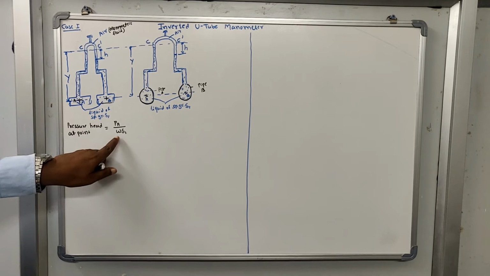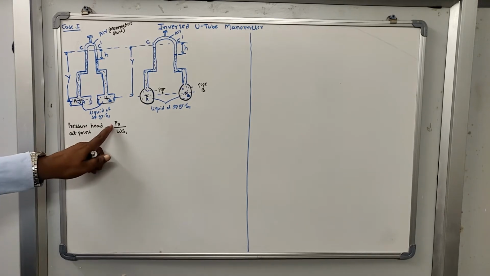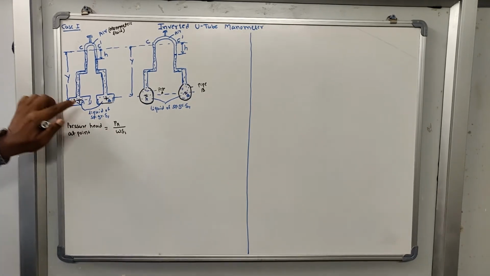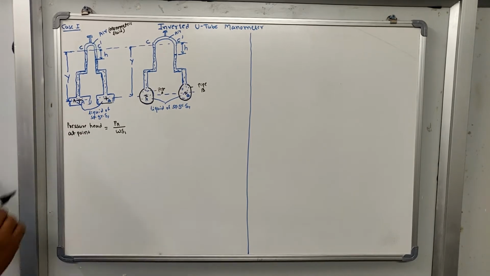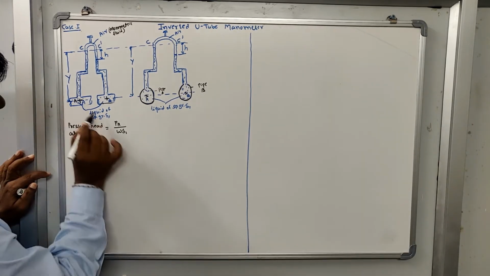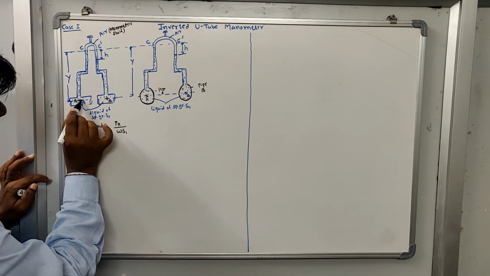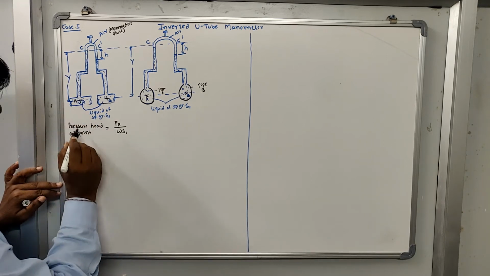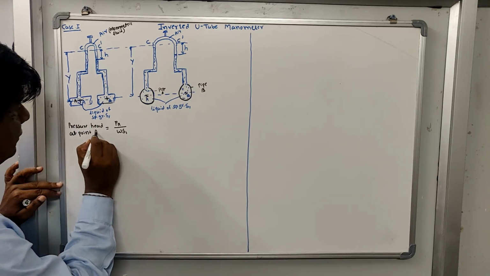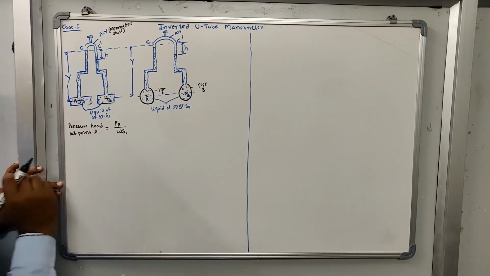W is the specific weight of water, and PA is the pressure intensity at point A. So the pressure head at point A is equal to PA by W S1.